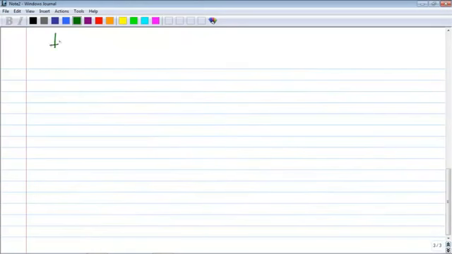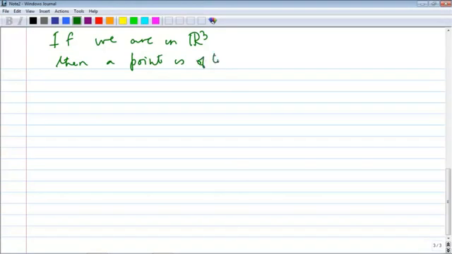And if we are in three-dimensional space, then a point is of type B1, B2, B3, so it's a column vector.